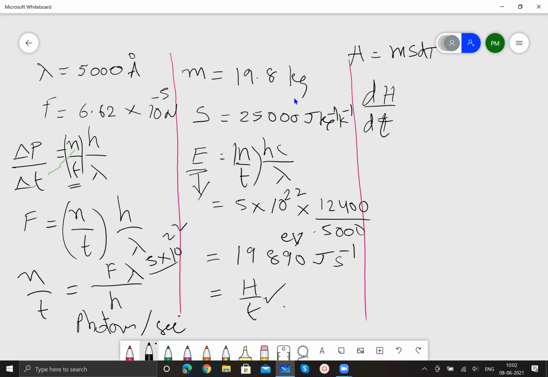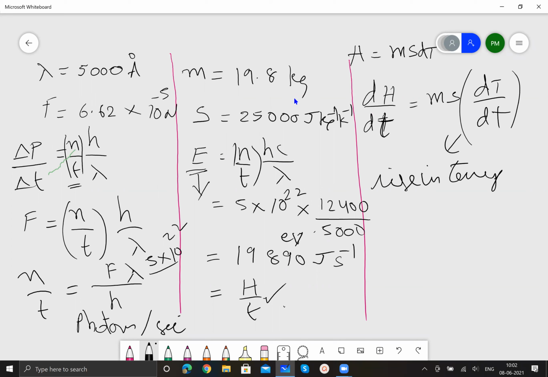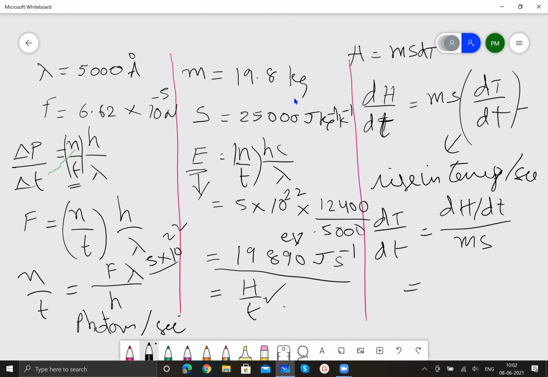So, amount of heat per second, dH by dt, means ms into dT by dt. What do you mean by this? This means rise in temperature per second, correct? Yes or no? So this is asked in the problem. Means dT by dt is equal to dH by dt divided by ms. So how much value did we get for dH by dt?